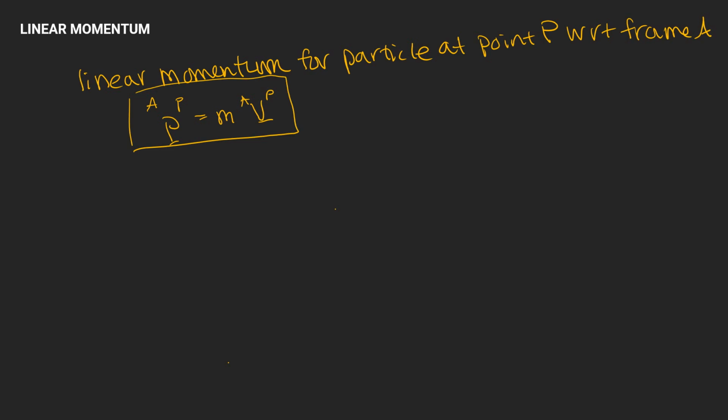And so if you go back to Newton's second law, what it's saying is that the rate of change of linear momentum is directly proportional to the forces applied to that particle.